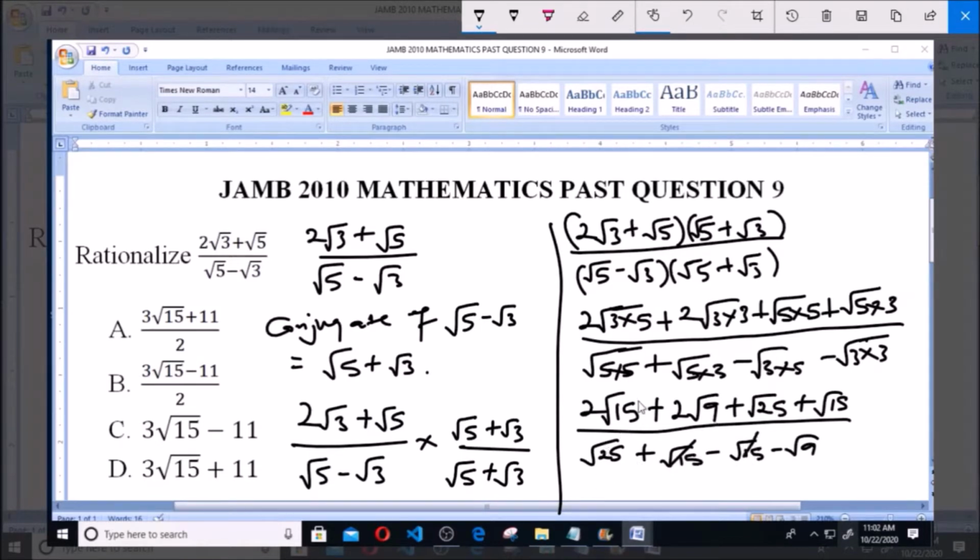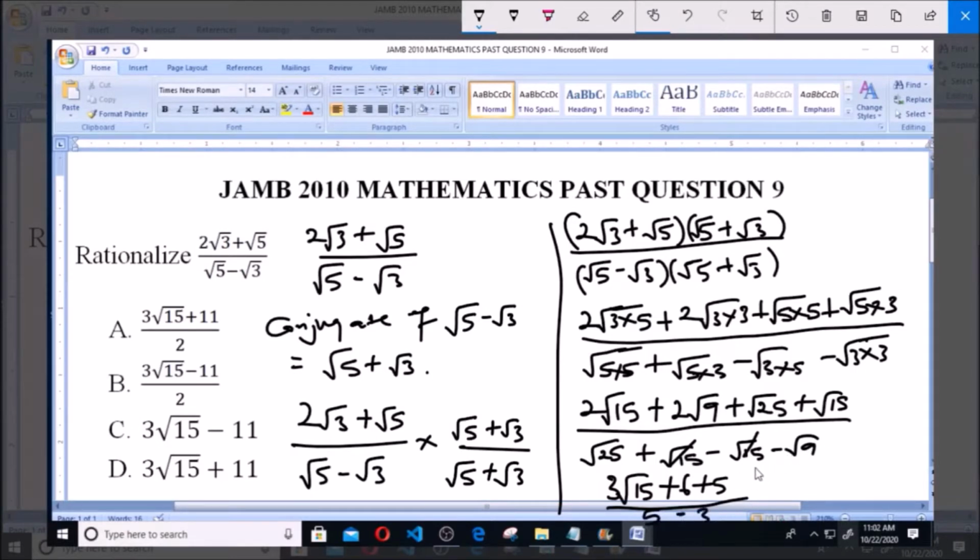So now from this we'll be having what? Collecting like terms, we'll be having 3 root 15, that is this 2 root 15 plus root 15 will give us 3 root 15. Then here, root 9 will give us 3, so 2 times 3 will give us 6, plus 6. Root 25 will give us 5, plus 5, all over root 25 here will give us 5, and minus root 9 here will give us minus 3.